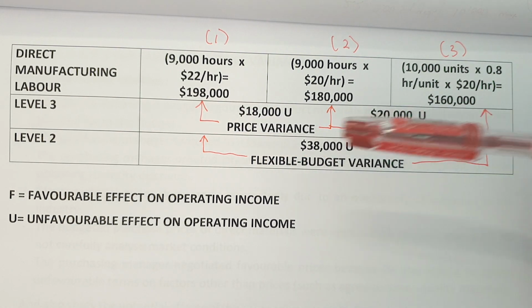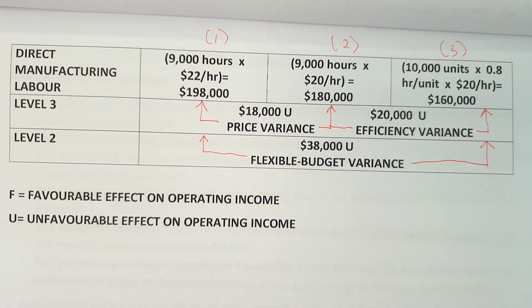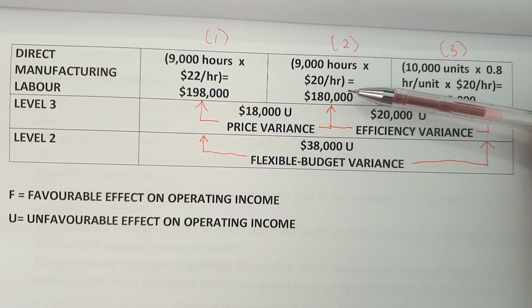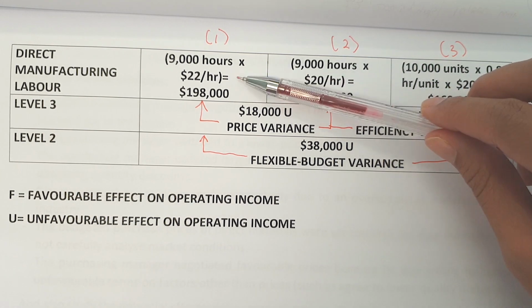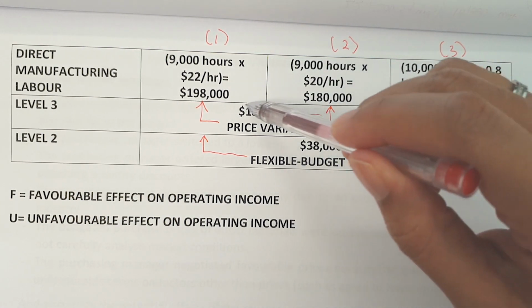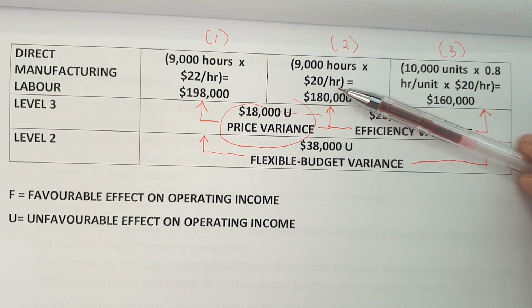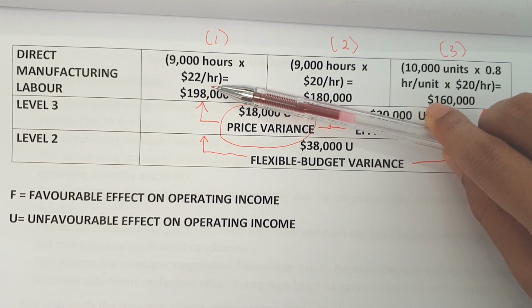So simply here we can calculate the price variance and efficiency variance. For the price variance, we can see the difference here. This is the budgeted price, this is the actual price. The actual price is higher than the budgeted, so the price variance is unfavorable. We planned that the price is just 20 ringgit per hour, but once it happened, we have to pay 22 ringgit per hour.